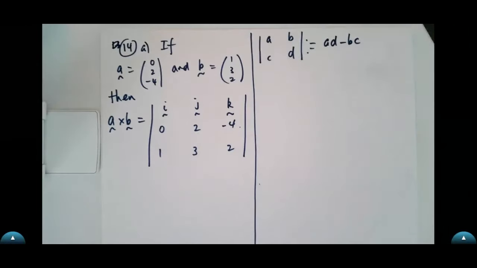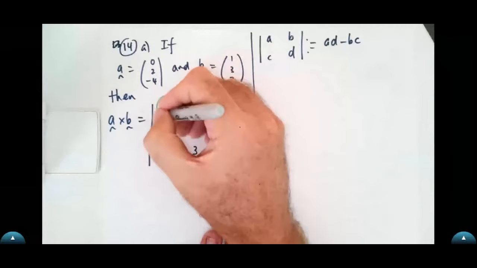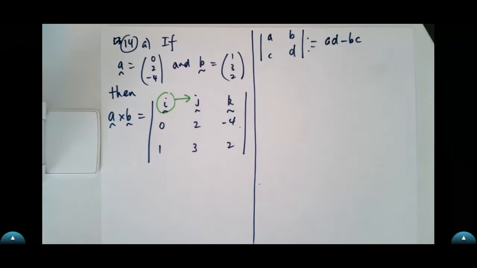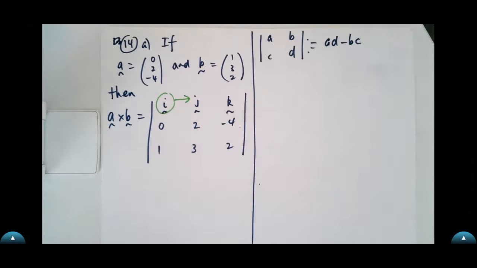And with this 3 by 3 one, you start up in the left-hand corner and you play a little game that I like to call cover up. You can play along at home, everyone.